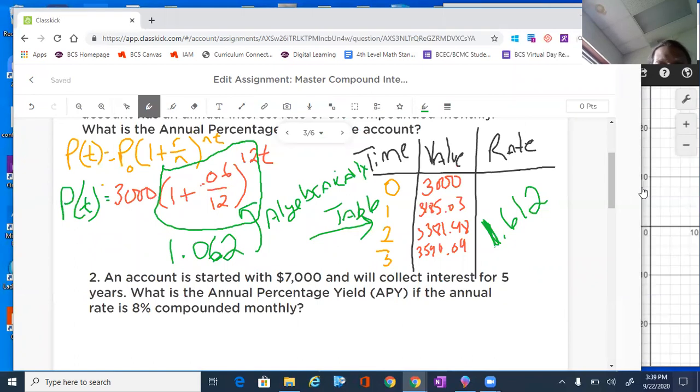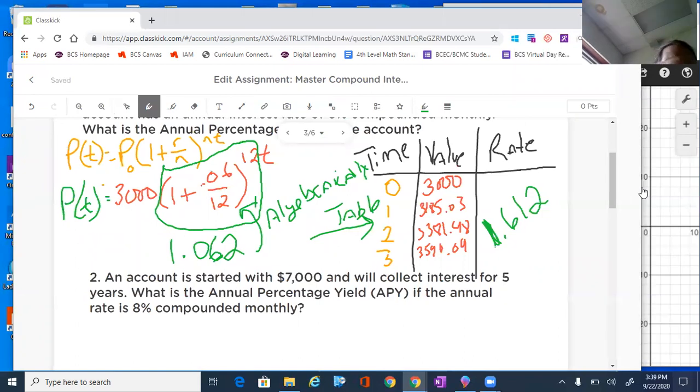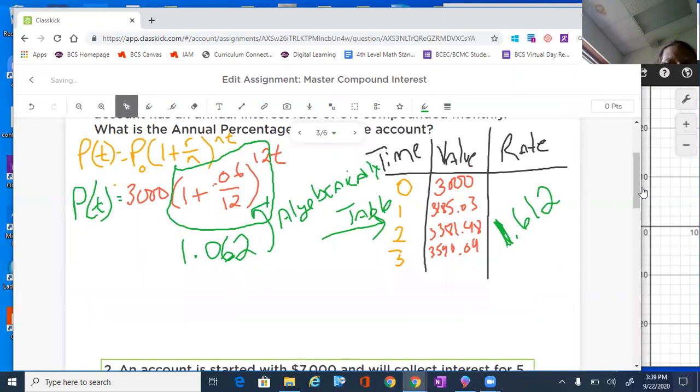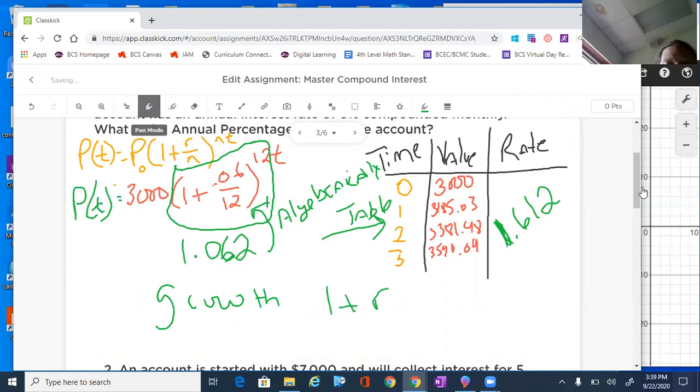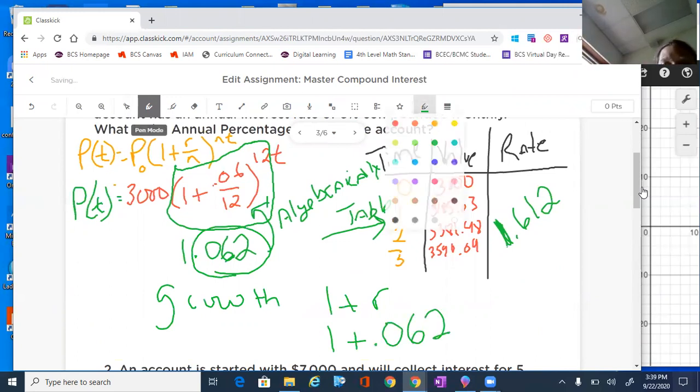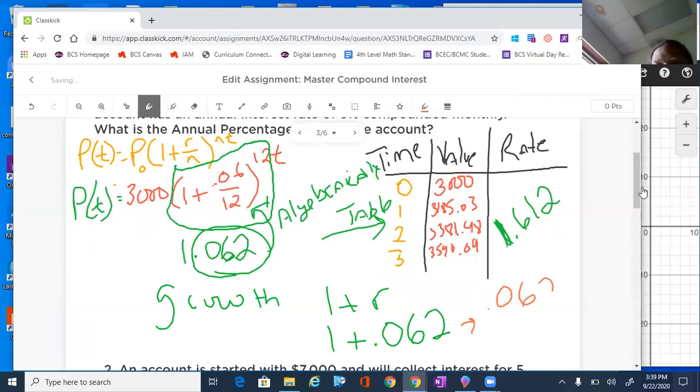Remember that a growth rate is essentially 1 plus the rate. Well, if I take that 1 off, I'm only left with 0.062. And then I just need to take that 0.062 and change it back to a percentage, and that gives us 6.2%. And this is the APY.